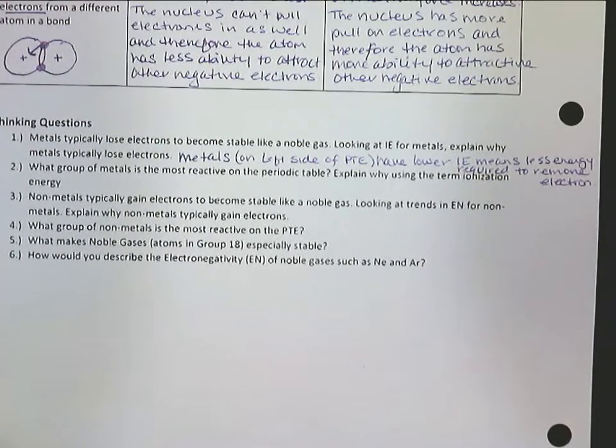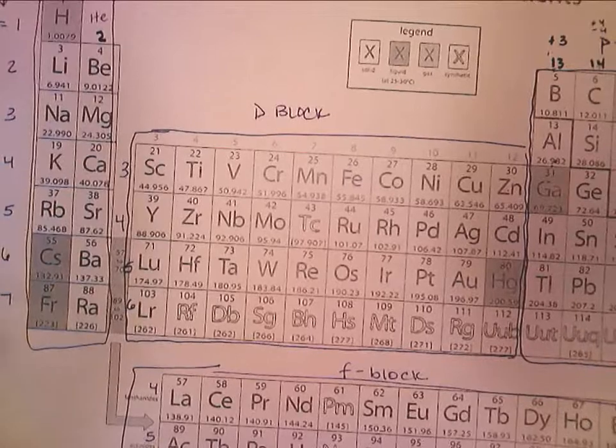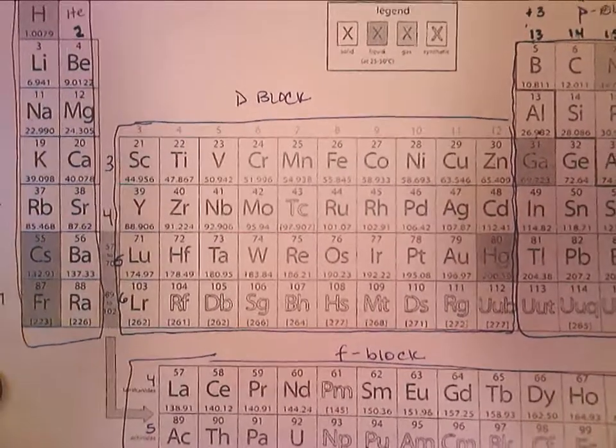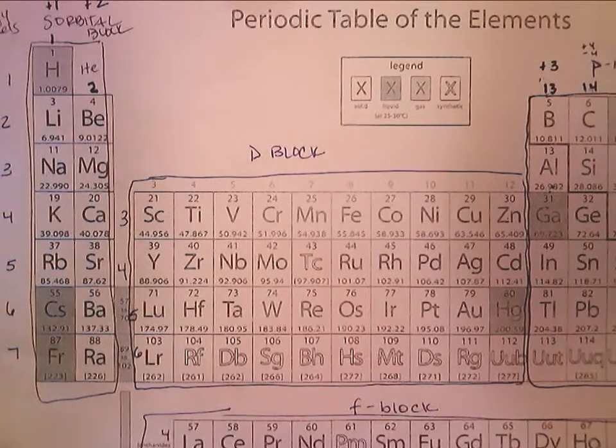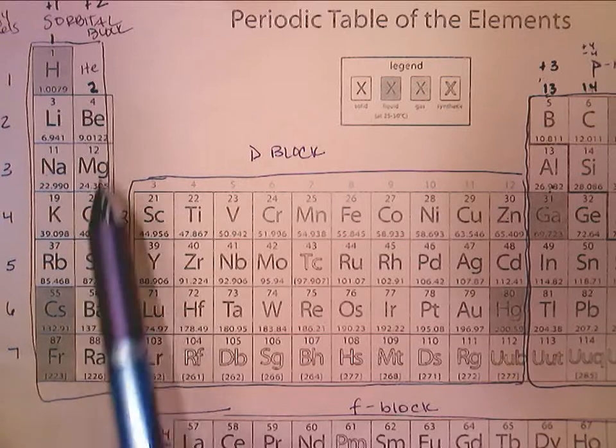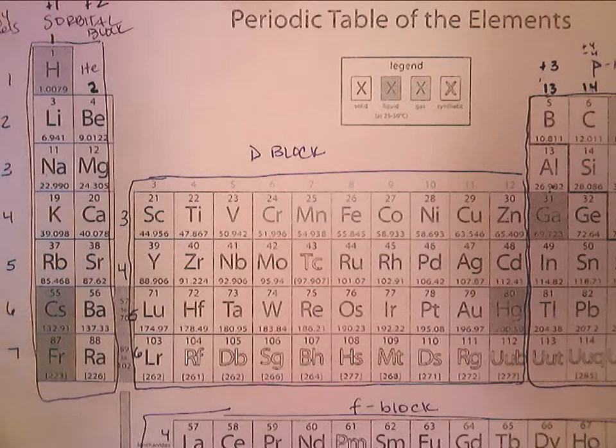So what group of metals is the most reactive on the periodic table? If you look at the periodic table, which group is the most reactive and therefore requires the least amount of energy to remove an electron? That would be group 1.